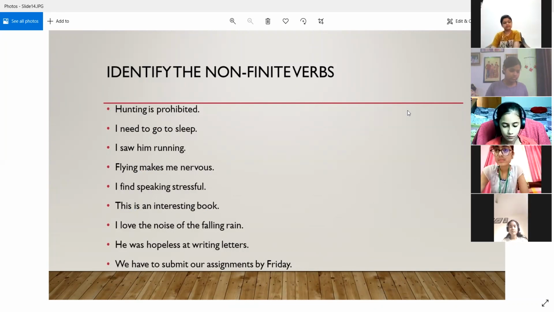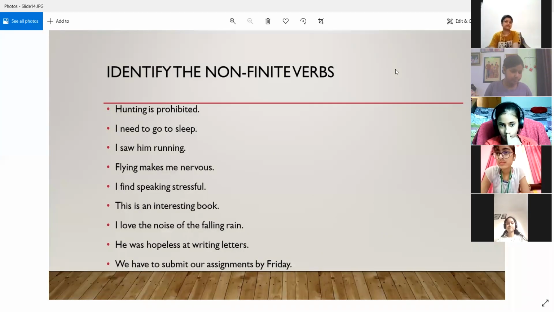If there is a to present, it is an infinitive. The doubt comes where there is an ing. When it is acting as a noun, then it is a gerund. When it is acting as an adjective or as an adverb, when an adverb phrase comes and it is present in the beginning of an adverb clause, then it is a participle.